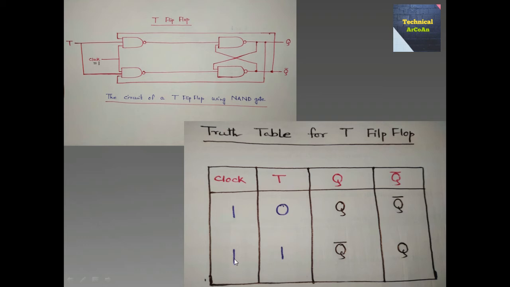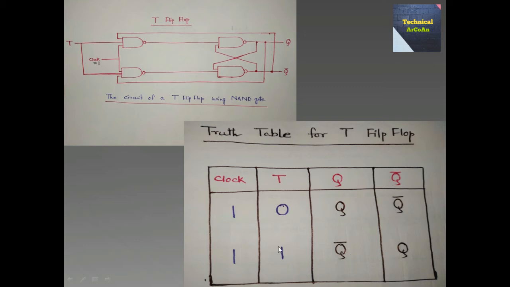The clock should be 1, and there are two combinations for T, 0 and 1, because there is only one input. When the T value is 0, we get the next state also as Q, meaning whatever the present state value is, the next state will be the same. If the present state is 0, the next state will be 0. If the present state is 1, the next state will be 1.